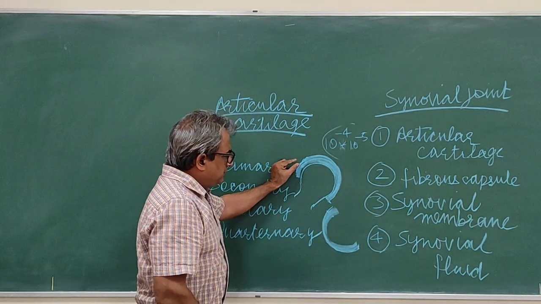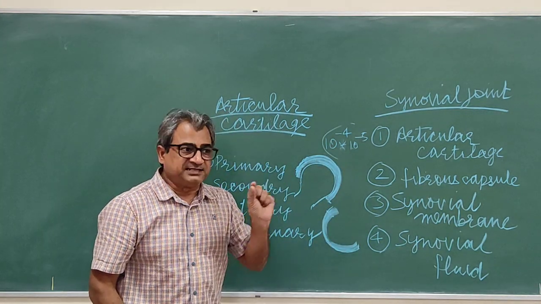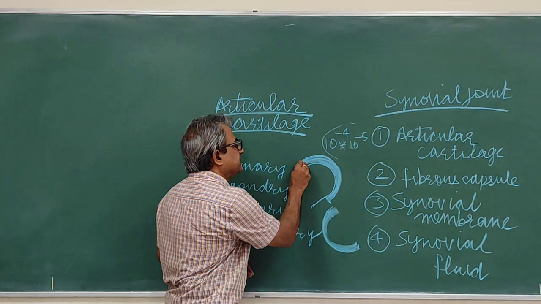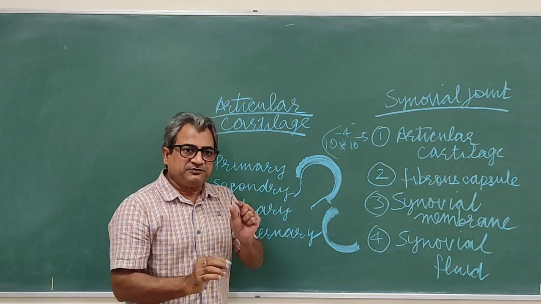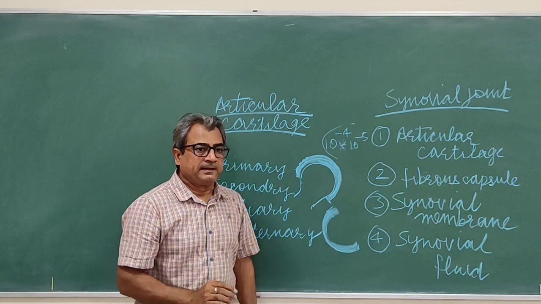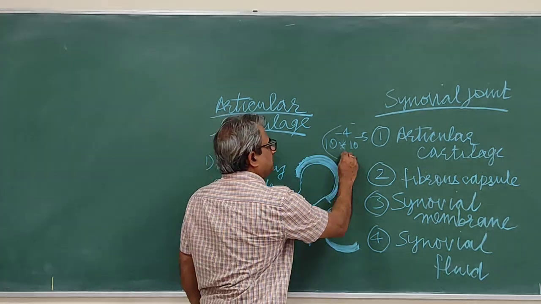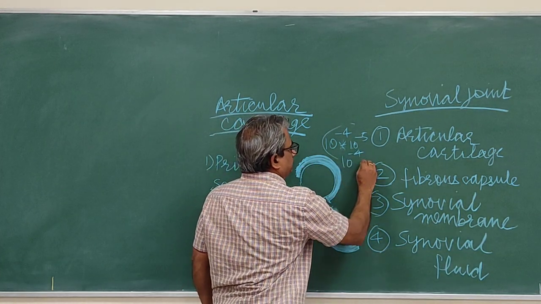This is the difference between the crest and the trough. Crest is the highest point, trough is the lowest point, right? So in between, the difference is of the order of micron meter.